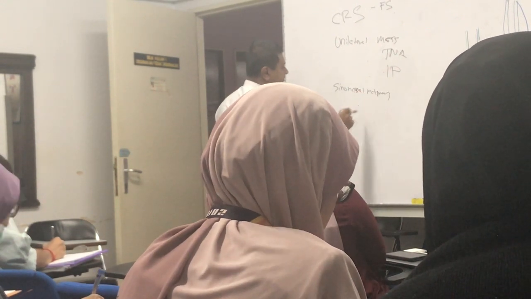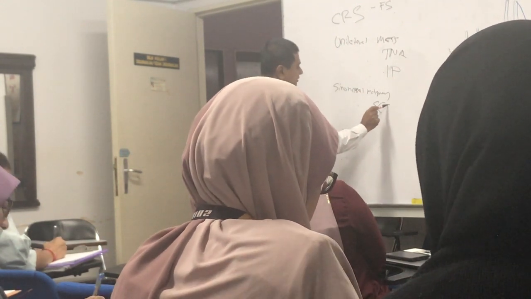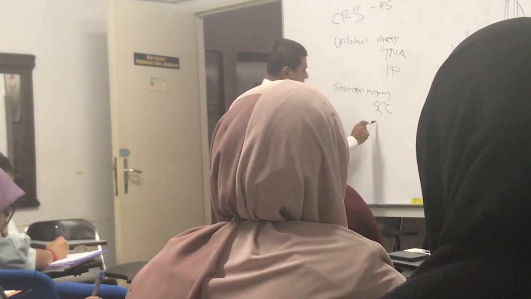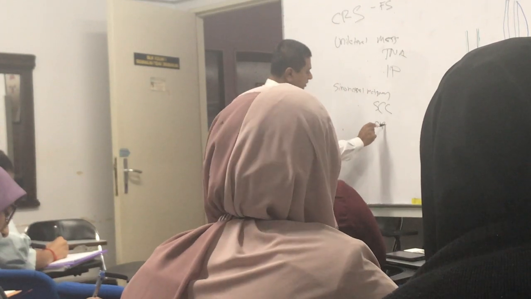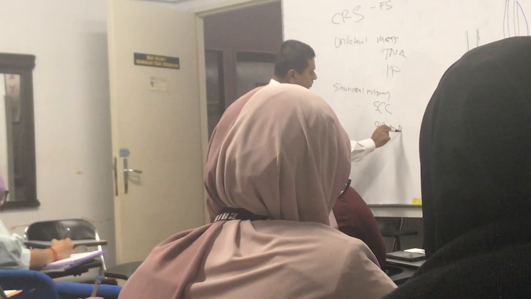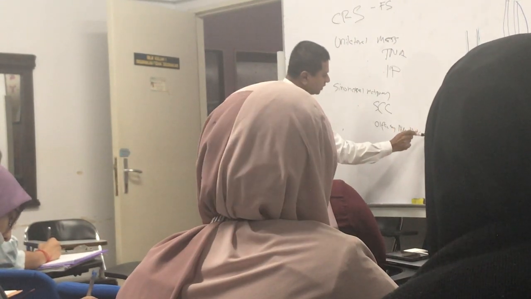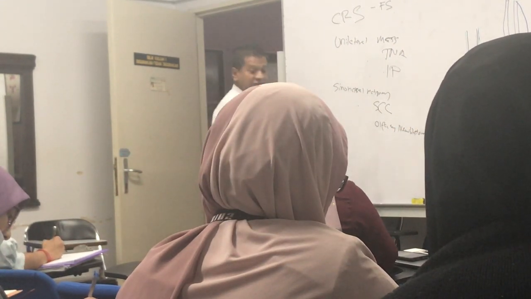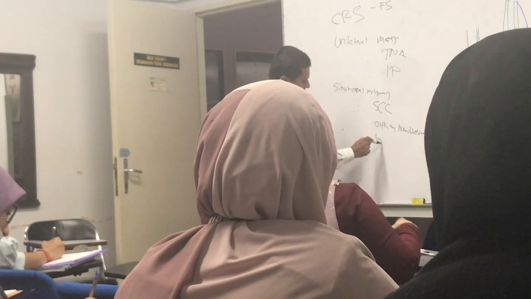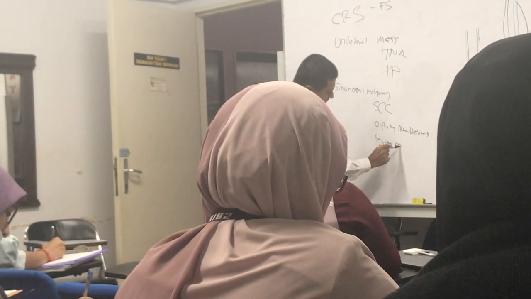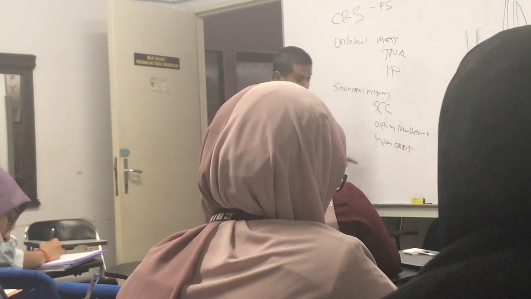These are all the SEC area. SEC, orbit involved, not involved, and probably you're going to come across olfactory neuroblastoma. Sometimes when you are very lucky, you get lymphoma in the orbit. Lymphoma in the orbit. Sorry for my poor handwriting. Lymphoma of the orbit.